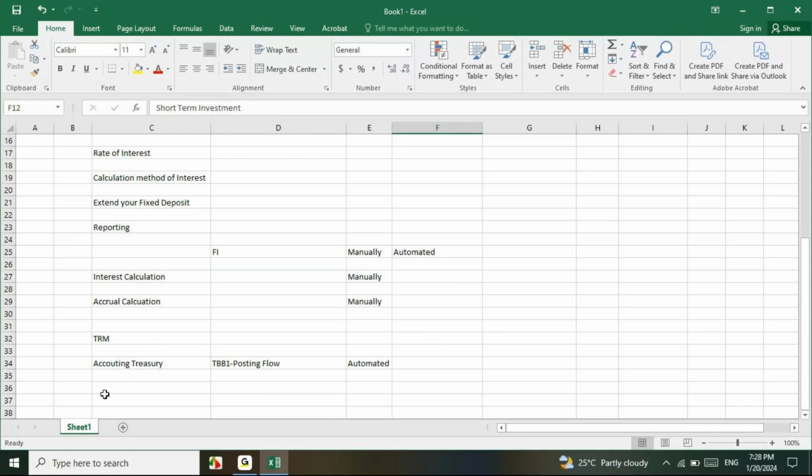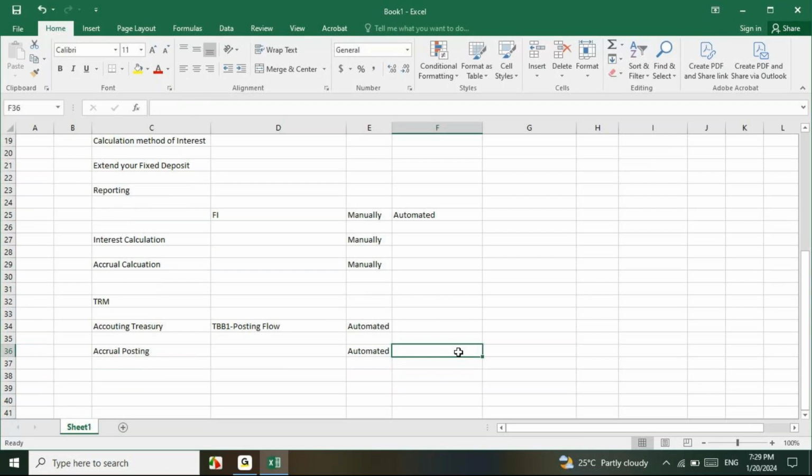Second thing, all the accrual posting, that is called month-end posting, will also be automated. Means we are going to configure it into the system, and based on that, when the business performs TPM44 or accrual posting, the system will perform the accruals automatically.